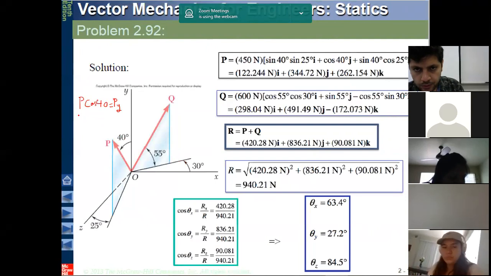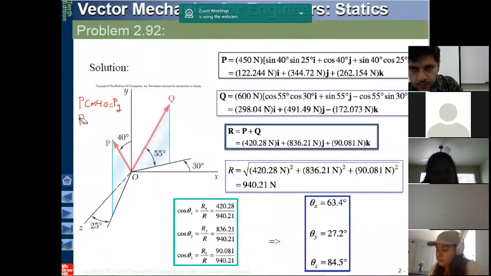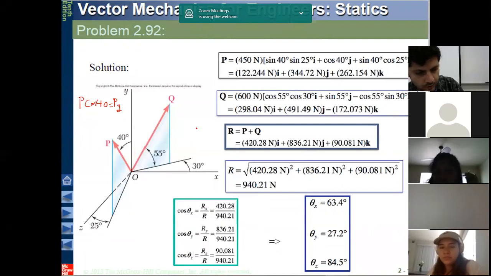And similarly, if you multiply, okay, we get to the Q later. So P sine of 40 would give you the projection of P on the XZ plane, right?